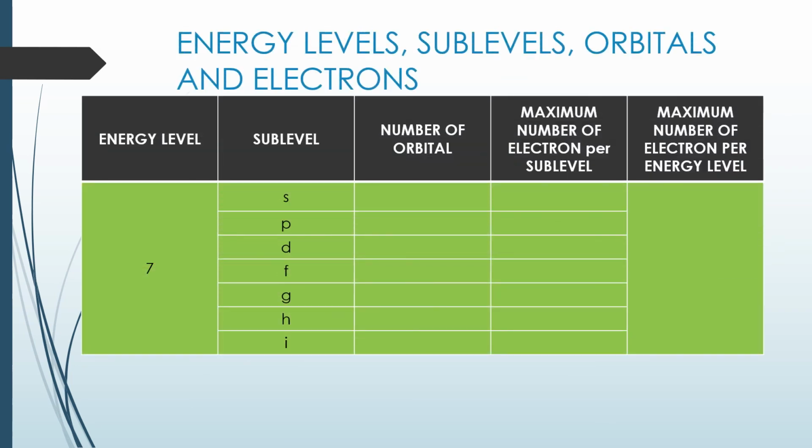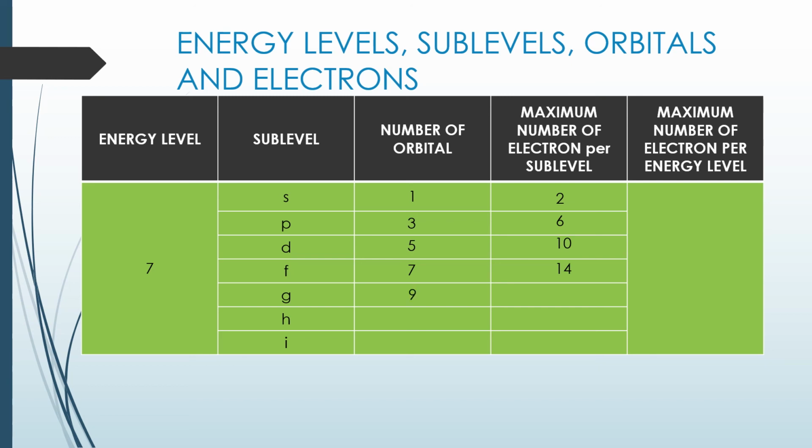For the seventh energy level, again, we have the S sublevel with 1 orbital or a maximum of 2 electrons. P sublevel has 3 orbitals or a maximum of 6. D sublevel has 5 orbitals or a maximum of 10 electrons. F sublevel has 7 orbitals or 14 electrons.